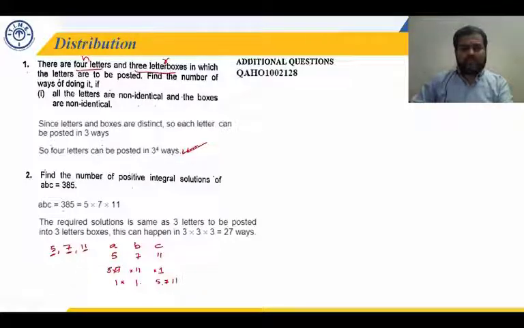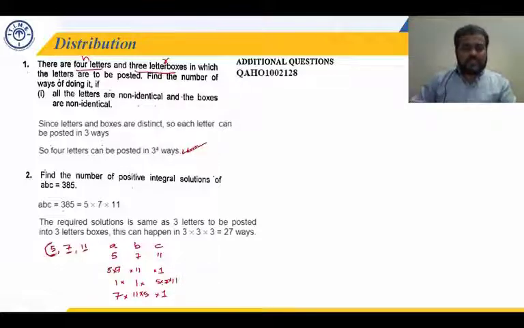Again you multiply all of these numbers, you will again get 385. Or maybe you can have 11 and 5 here and 7 here, and the box where we do not have anything is basically the number 1. So 7 into 11 into 5 into 1, that still gives you 385.